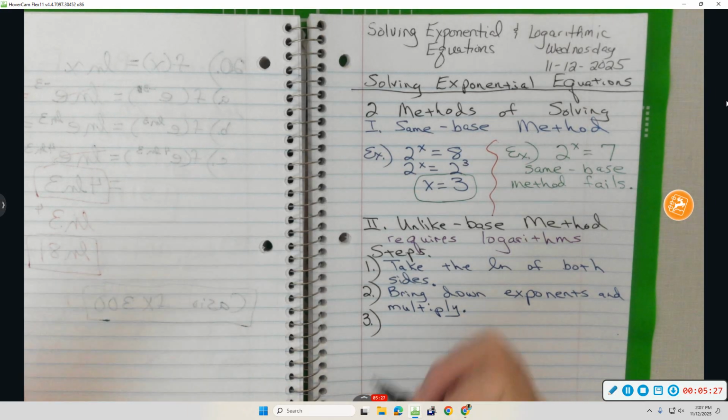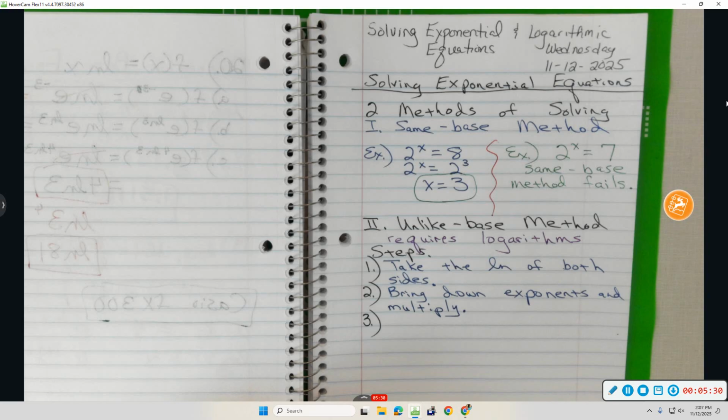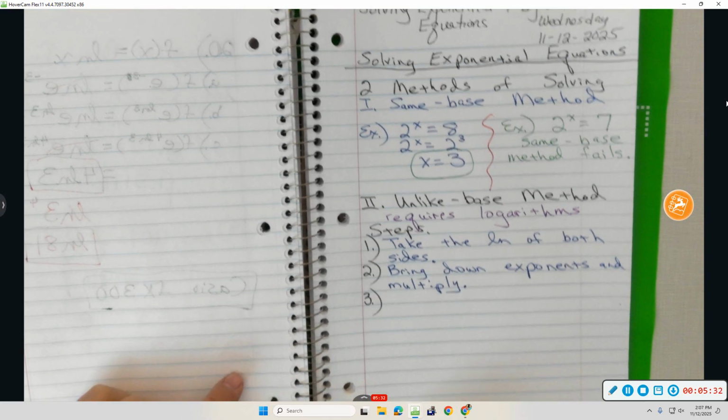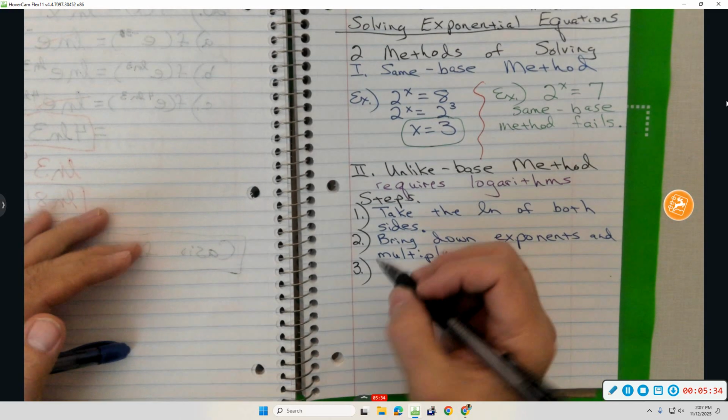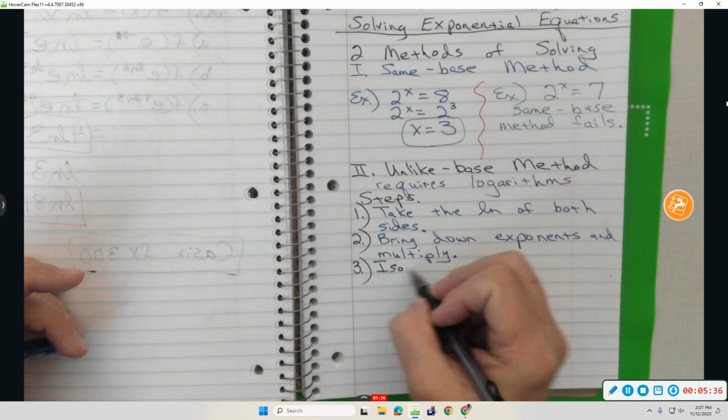Third step, we're trying to solve an equation, so we want an answer in the form x equals, so we're going to need to isolate x.